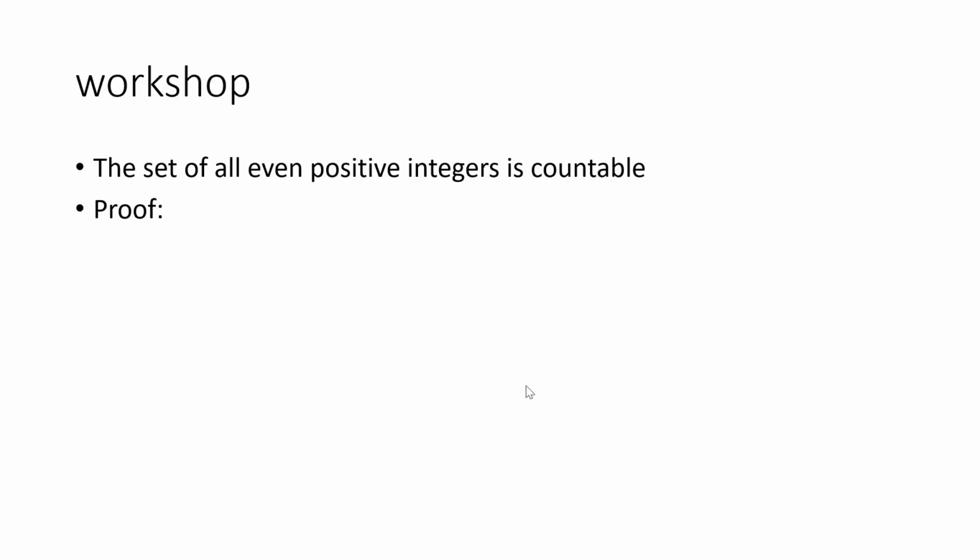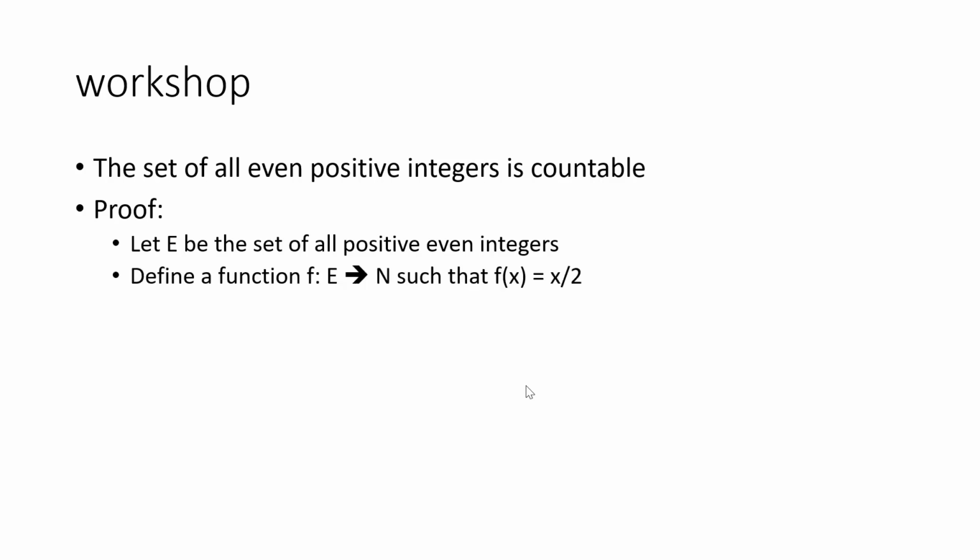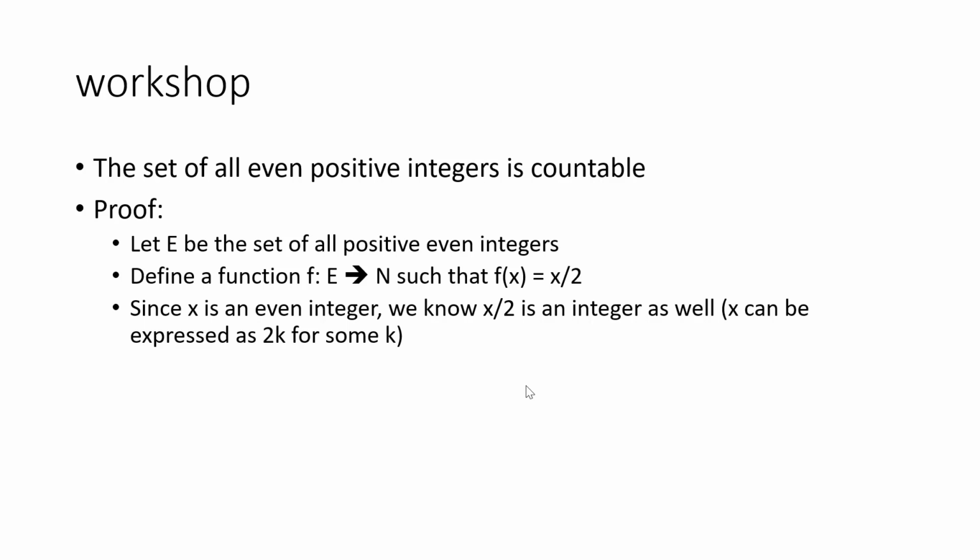Let's do a workshop. Let's show that the set of all even positive integers is countable. Here's how we prove it. Let E be the set of all positive even integers. We can define a function f from E to N such that f of x equals x over 2. Since x is an even integer, we know that x over 2 is an integer as well, because x can be expressed as 2k for some k.